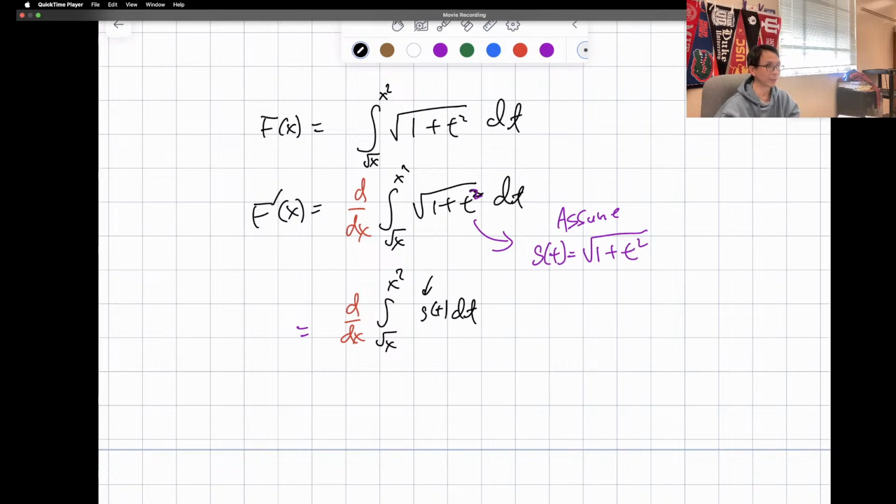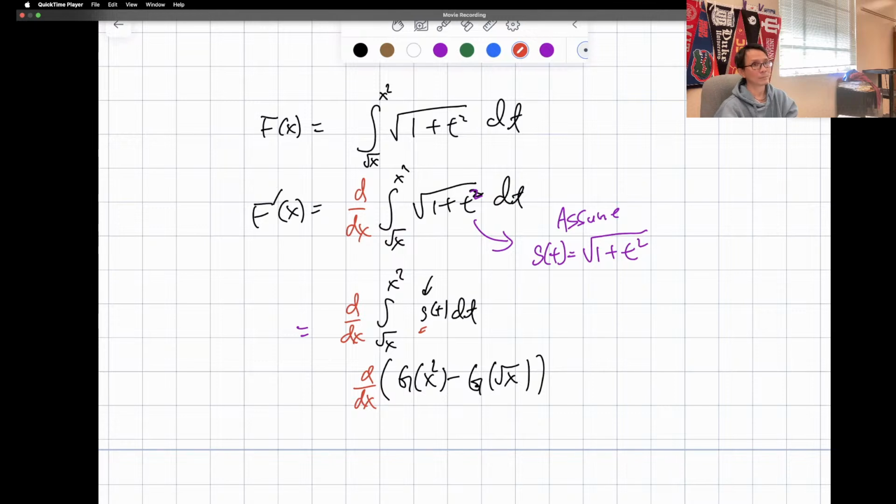Capital G of x squared minus capital G of square root x, right? Notation-wise, if I integrate a non-capital g, it's going to be capital G.